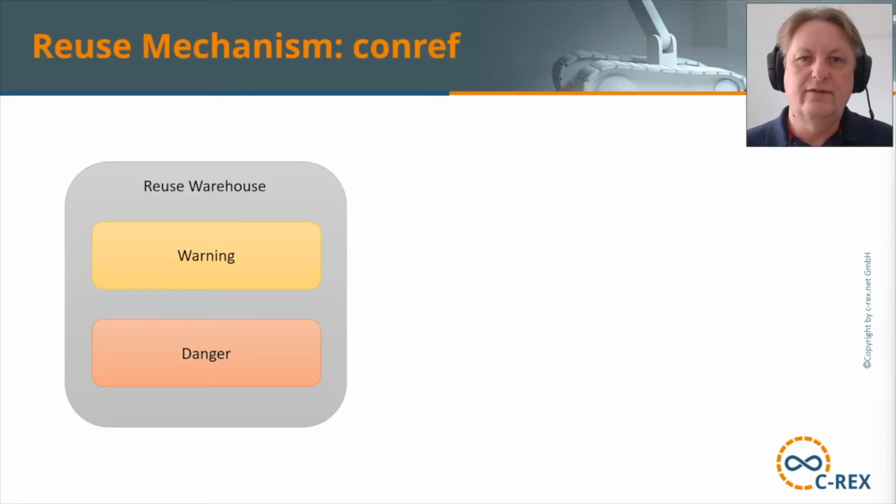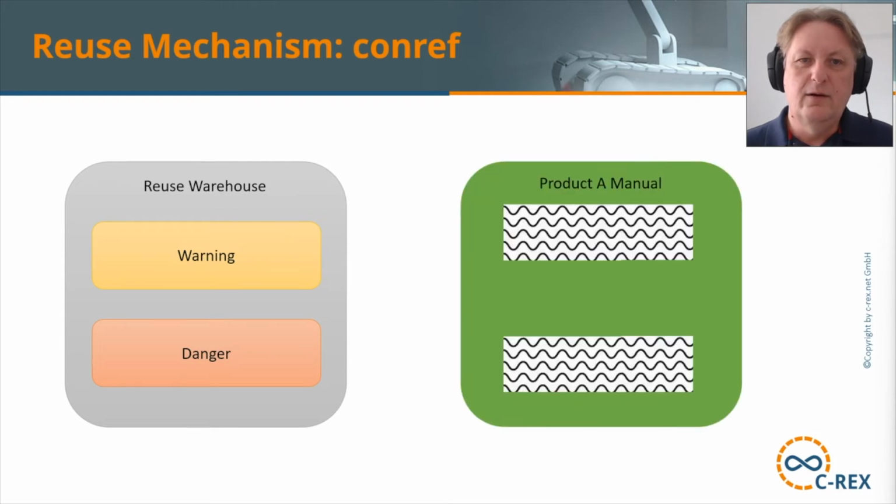When we use conref, we build up a warehouse which contains reusable content like warnings, for example. Warehouse sounds very complex at this point, but you could imagine it simply as a topic containing hazard statements. And this is just referenced in a DITA map. This map represents our manual for product A, where we have product-specific, topic-oriented content.